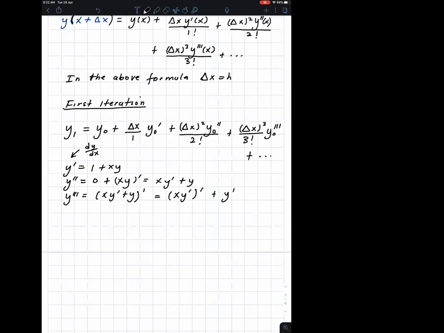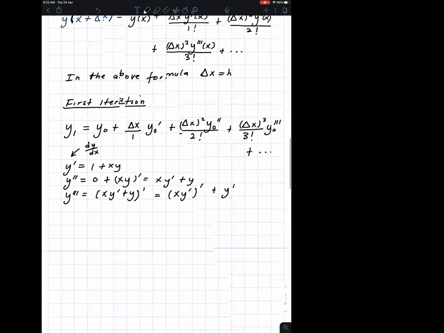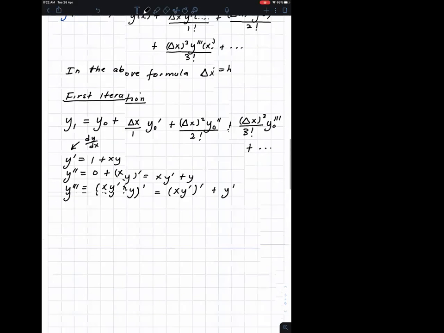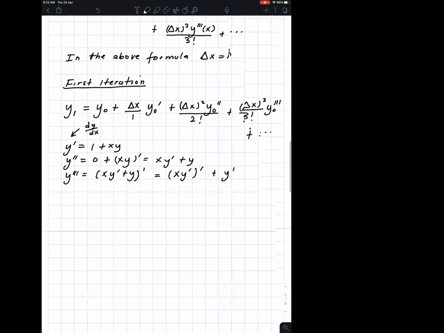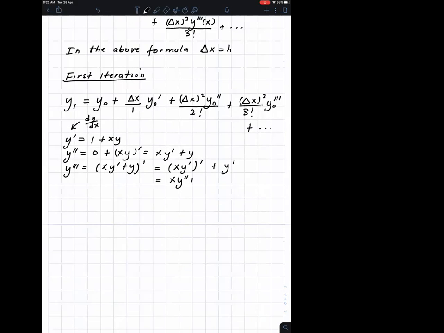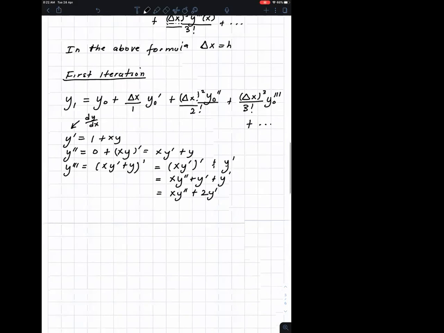Take the derivative of this, and you're going to get x y double prime, applying the product rule, plus y prime plus y prime. So that's going to give you x y double prime plus 2 y prime.